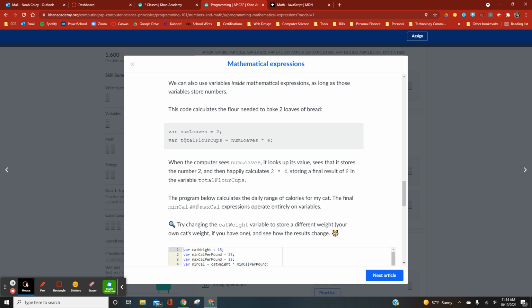So total flour cups is equal to the number of loaves times 4. So apparently there are 4 cups of flour for every loaf. And so what we're saying is, no matter how many loaves there are, take that times 4.